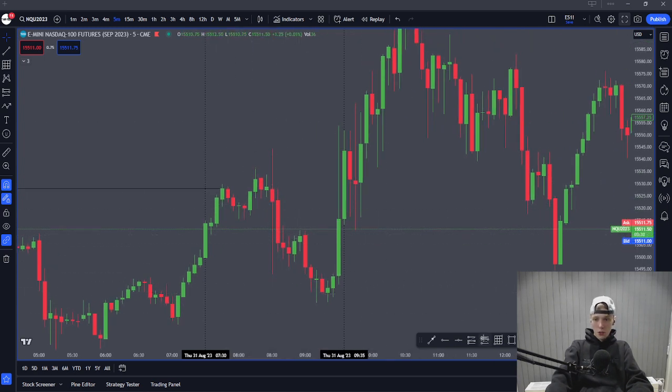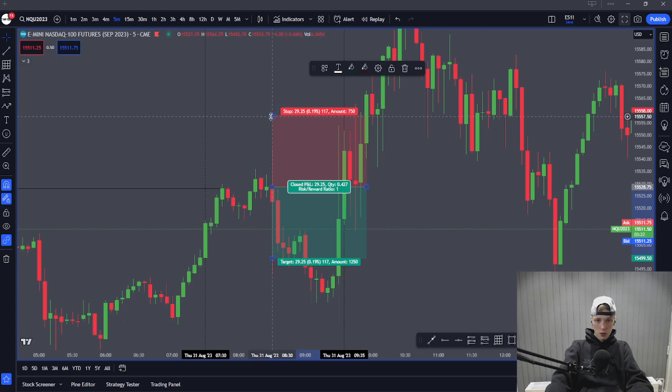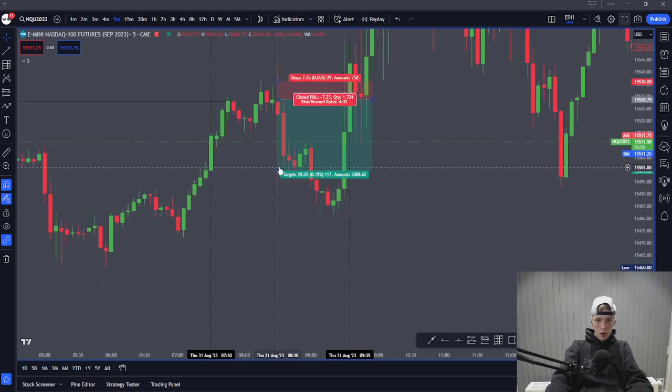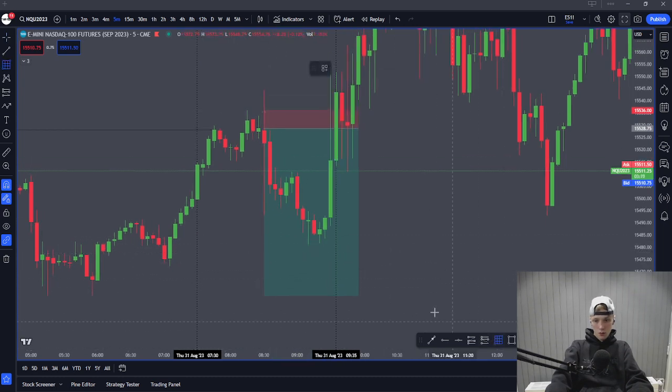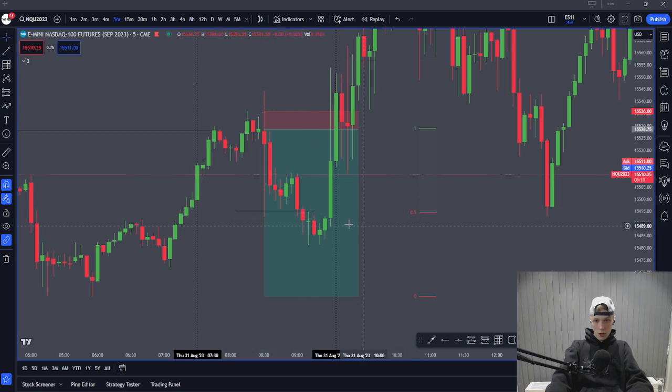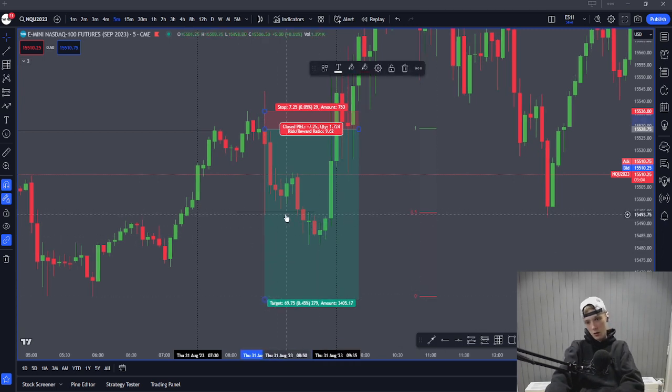But if there weren't news, you could have entered short, stop at this high, aiming for these lows, right? Probably killed it at the 50% mark or main threshold of your price range. So from here to here, you probably would have killed like 50% of your lot over here, which is 135 ticks. That's not bad at all on NQ.